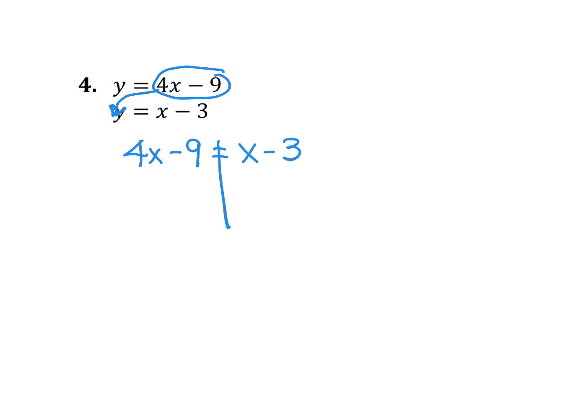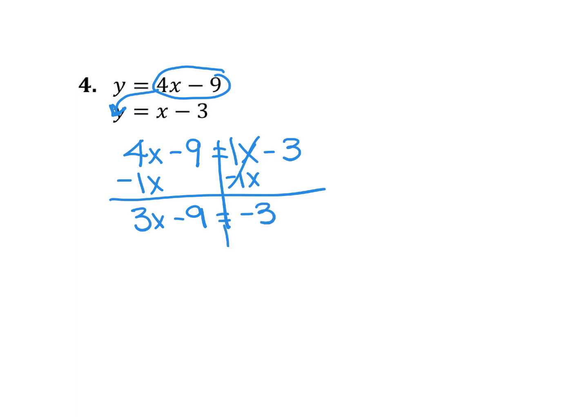Remember, if you've got variables on both sides of the equation, you need to start with the variables first. So I'm going to subtract the 1x on both sides, and I have 3x minus 9 is equal to negative 3.